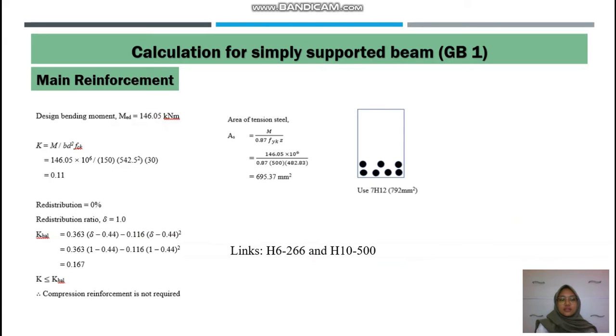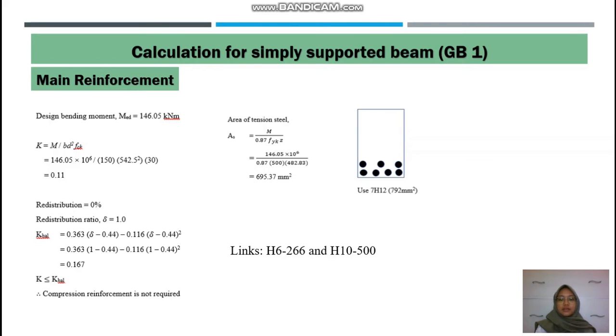So next is the main reinforcement. From the calculation of design bending moment, we could find the K value. The K value here is used for deciding whether the structure requires compression reinforcement or not. In this design, you can see the K value is smaller than K bal, so there is no need for compression reinforcement.